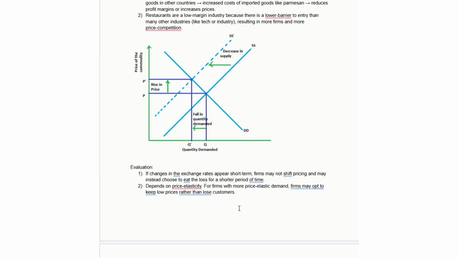The other factor here might be if you see that this is potentially a short-term change in the exchange rate, a shock. It's possible that firms really won't change their behavior and won't change prices. It's possible even that exporters give importers a bit of leeway if they think the exchange rate is going to return to normal fairly quickly.